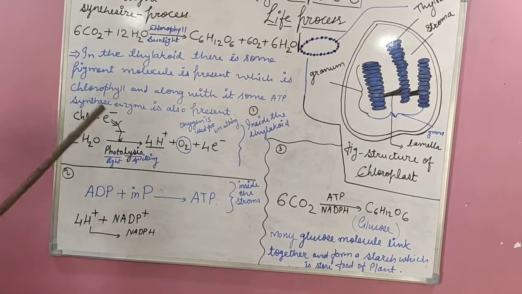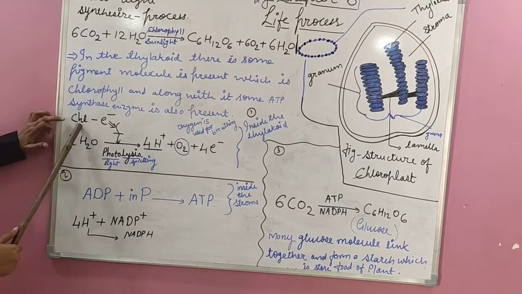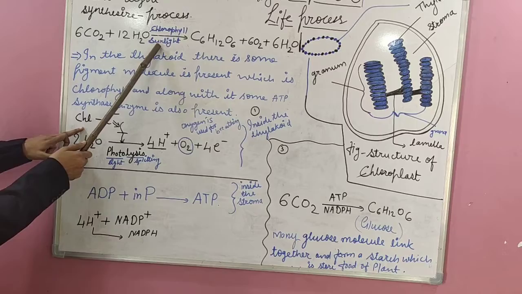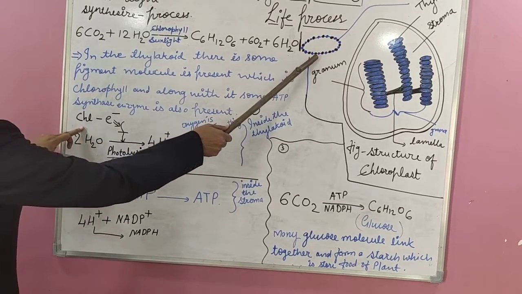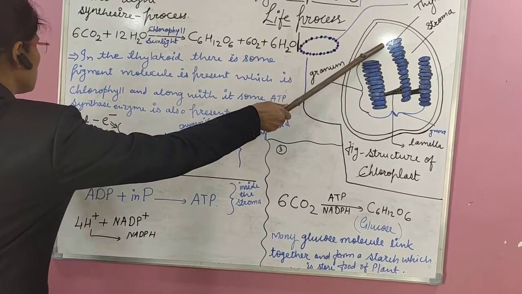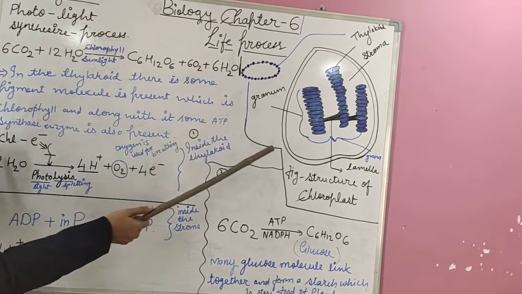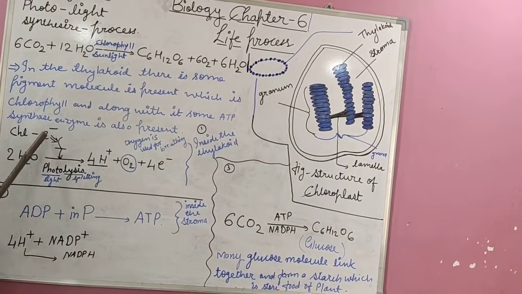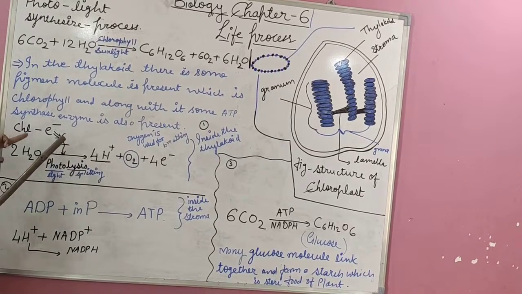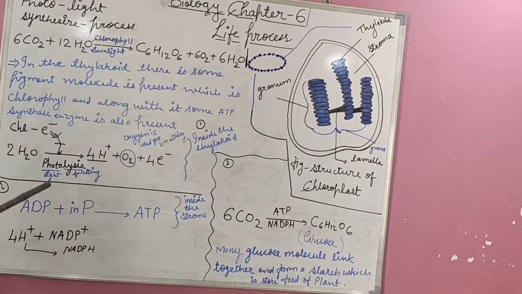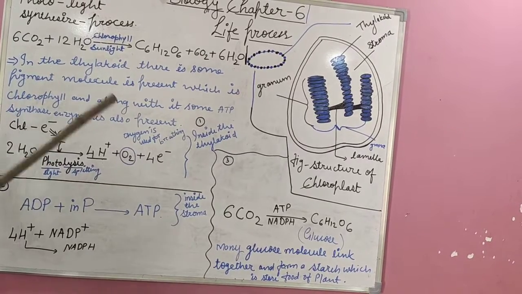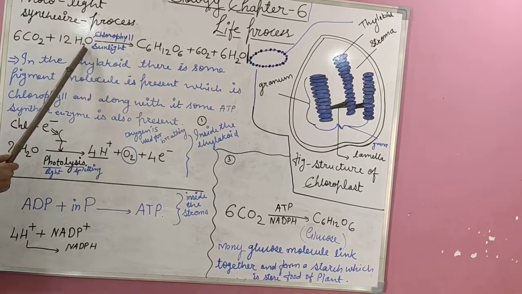Okay, so when this chlorophyll pigment absorbs the light energy, when the chlorophyll starts trapping the sunlight energy, it releases some electrons, and this electron helps in splitting the water molecule.